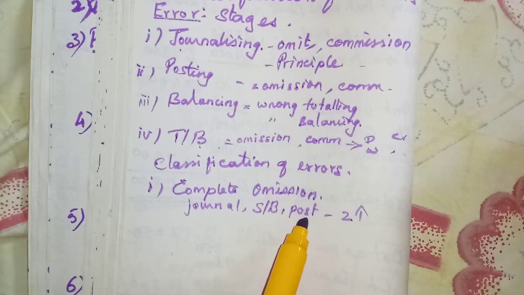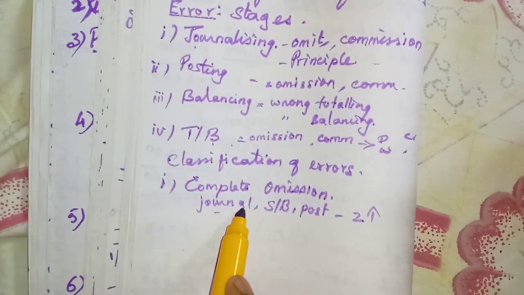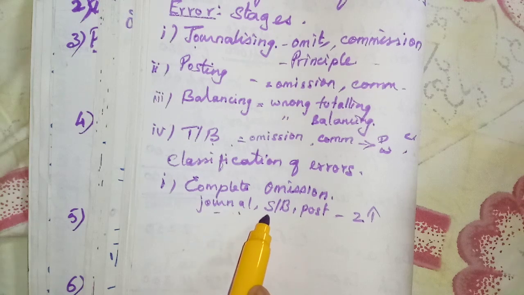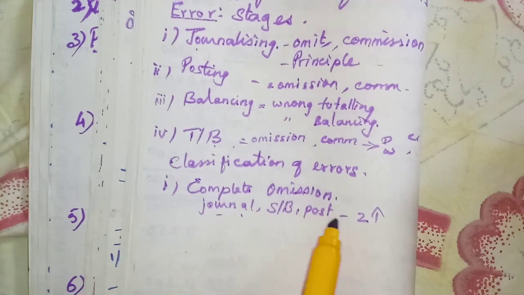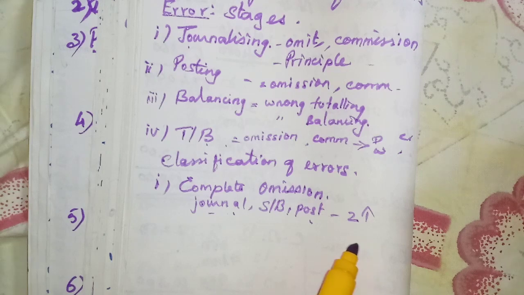So in the journal they will not prepare the journal entry. If they have prepared the journal entry, they may make a mistake at the time of posting. They may leave the full journal entry unposted in the ledger.